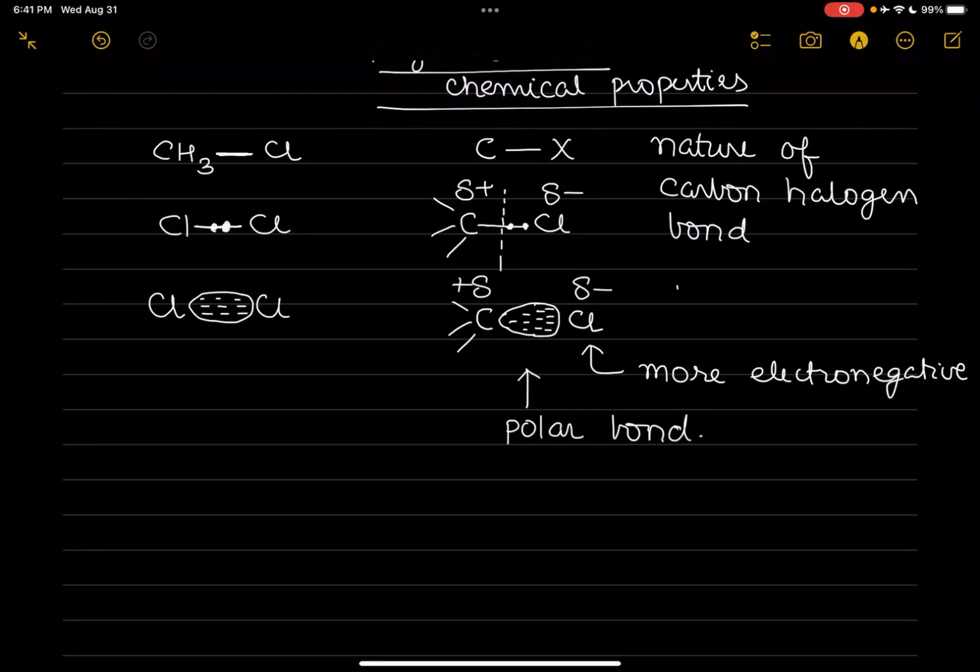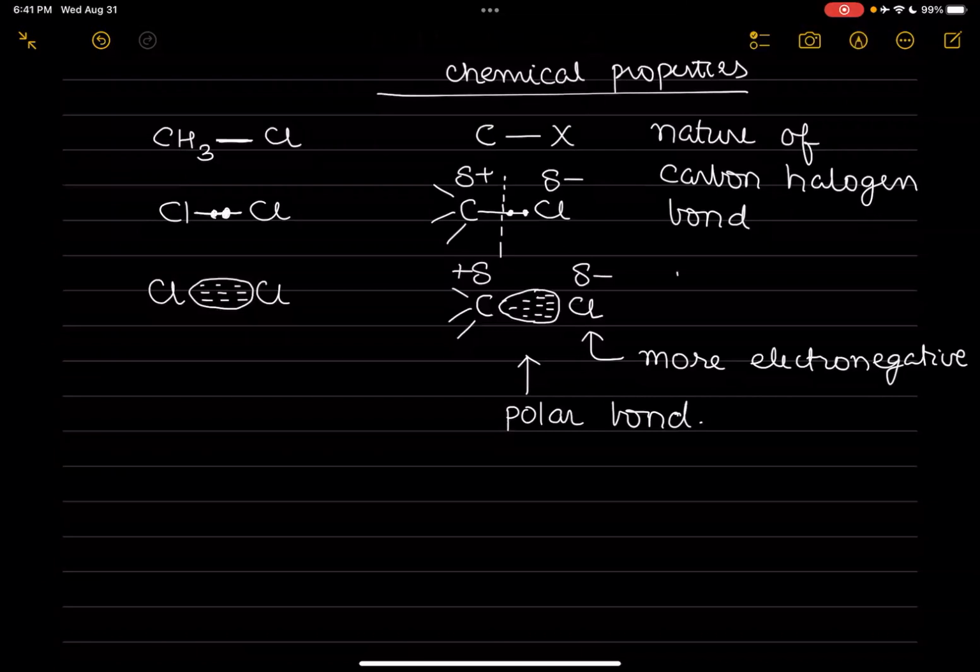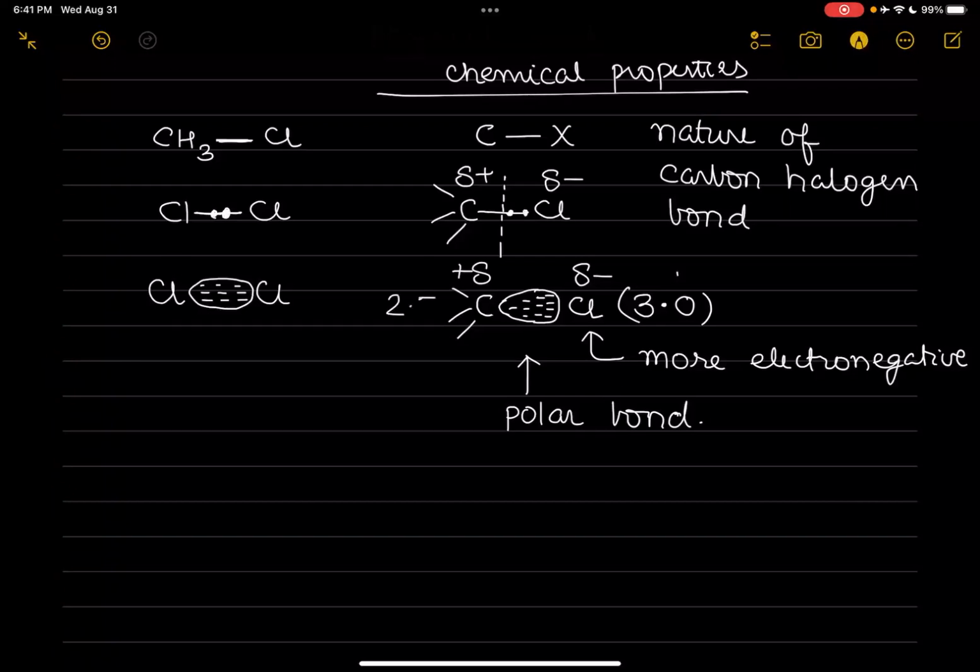So normally chlorine is more electronegative compared to carbon. The electronegativity of chlorine is 3, okay, there are numbers given, and carbon is 2.5. The most electronegative element is F, fluorine.